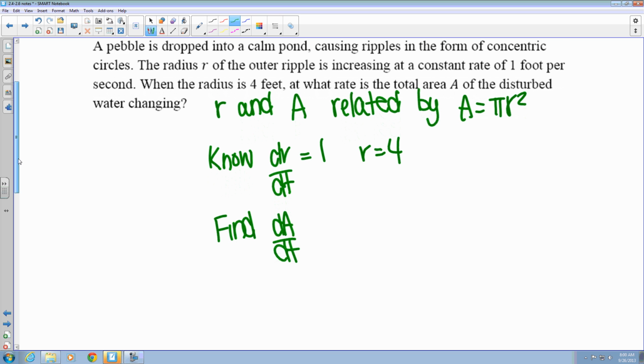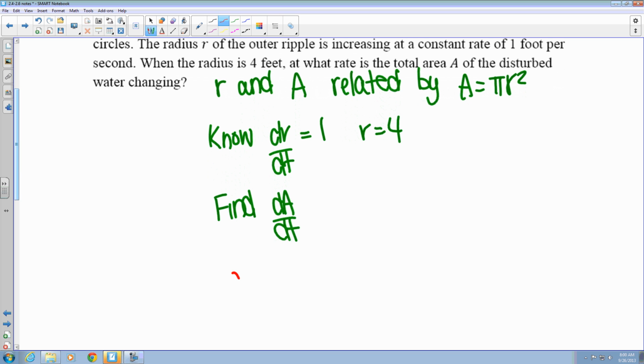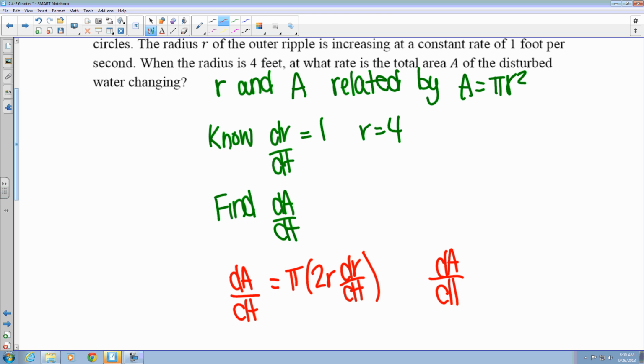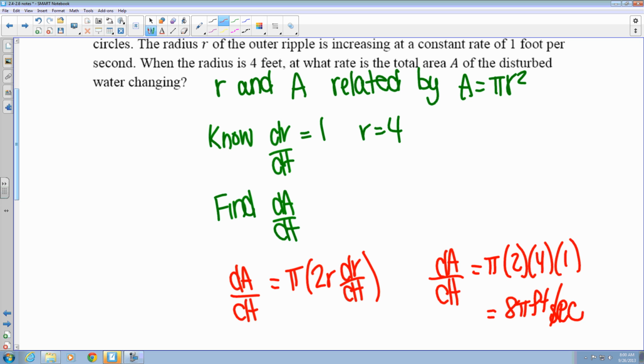So we're going to take the derivative of our area formula. dA/dt equals pi times 2r dr/dt. So dA/dt is pi times 2 times 4 times 1, which is 8 pi feet per second. It's the area, so it's feet squared per second.